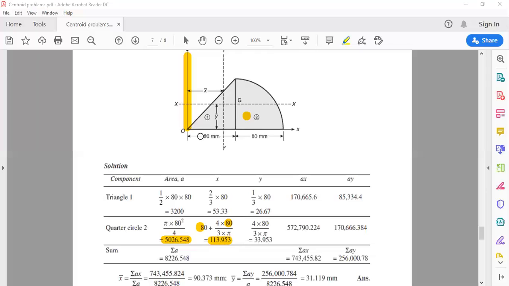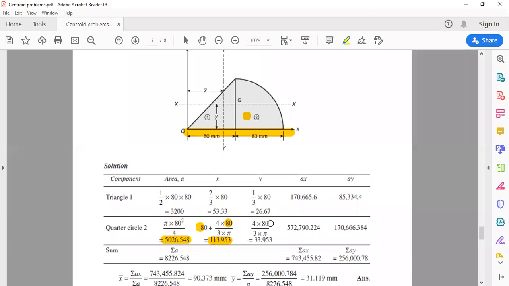Now the next thing is y bar. Y bar is to be measured from x-axis. So the distance between this axis and CG. Again, since it is measured along the face of quadrant of a circle, the distance between this CG and the axis is 4r by 3 pi.